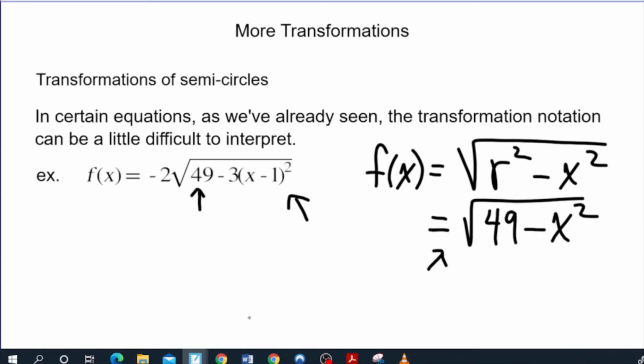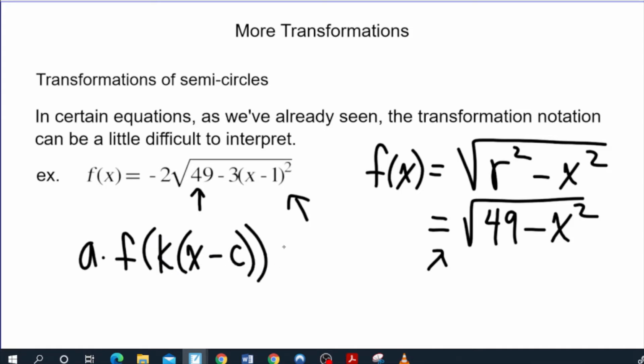If you remember what the transformation general equation looks like, a times f of k times (x minus c) plus d, and our function here is the semicircle equation. The 49 is not one of those letters.